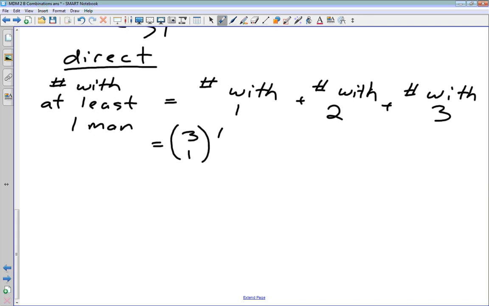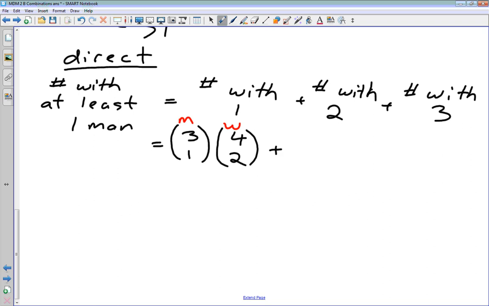For the women, we have 4 women. We want to choose 2 of them. So I'll just label this. These are the men, and these are the women. So there's 3 choose 1 ways of getting our man. There are 4 choose 2 ways of getting our 2 women.